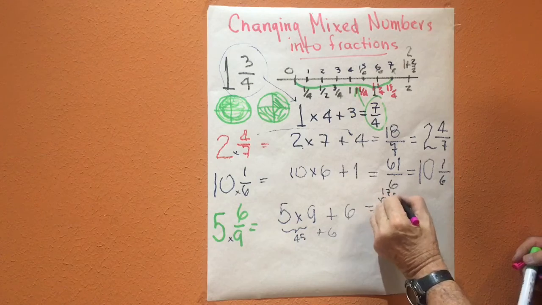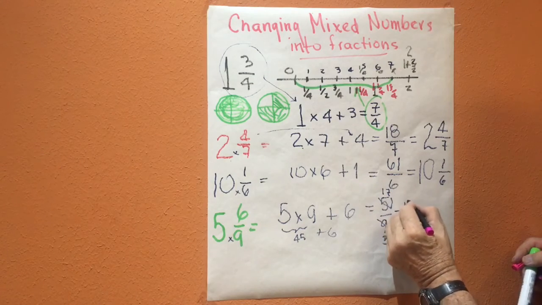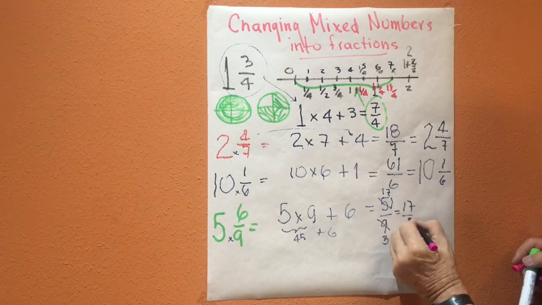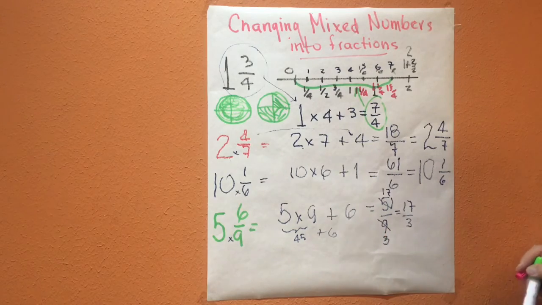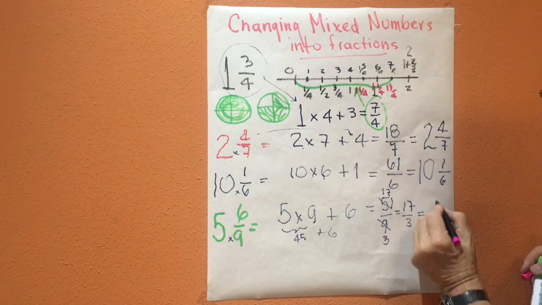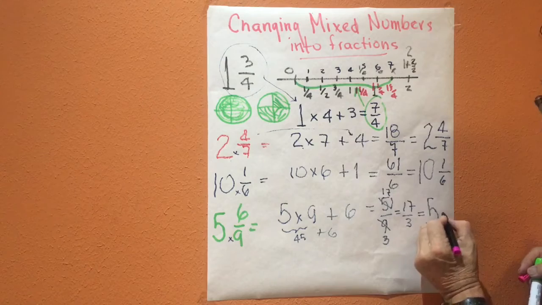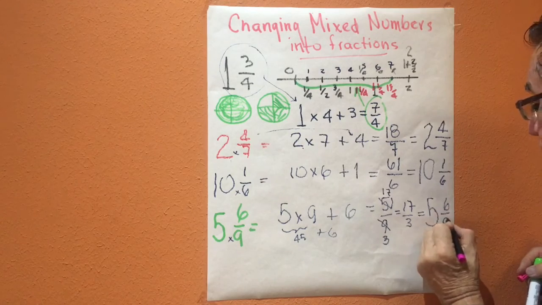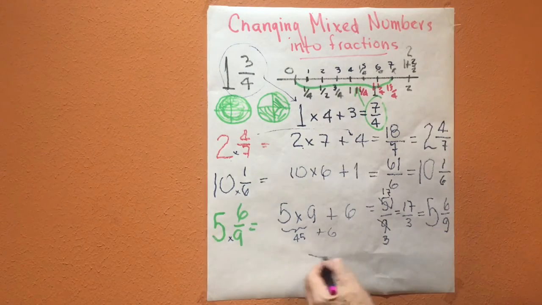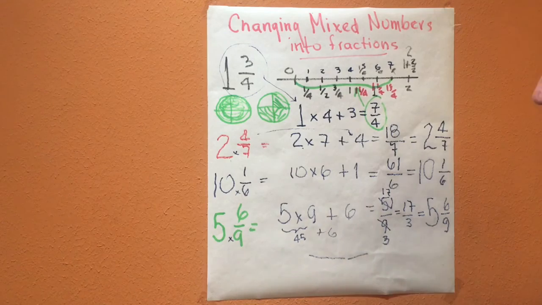So the answer will be 17/3, which is an improper fraction. And of course, it will be equal to 5 and 6/9.